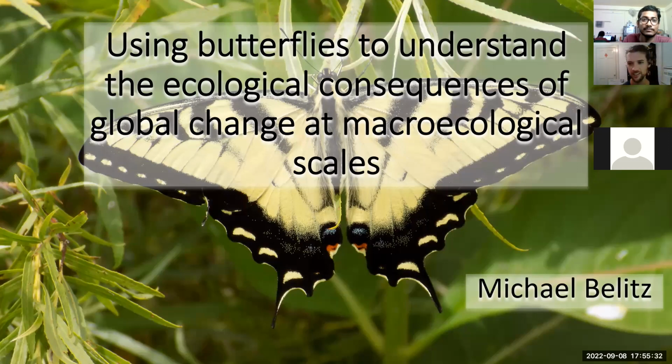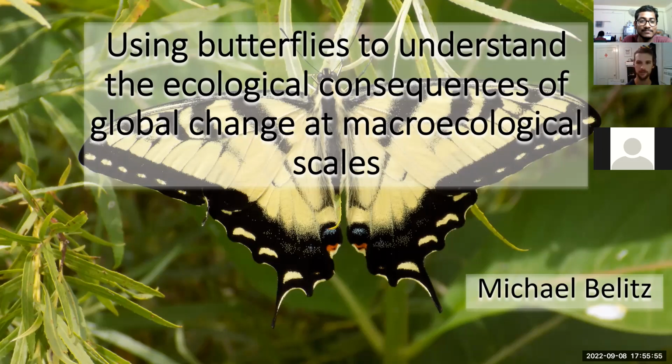Thanks for that introduction. I'm happy to be here, and looking forward to this talk and all the questions. So thanks again, and I will be talking about butterflies, particularly their overwintering stage, to understand the ecological consequences of global change at macroecological scales.